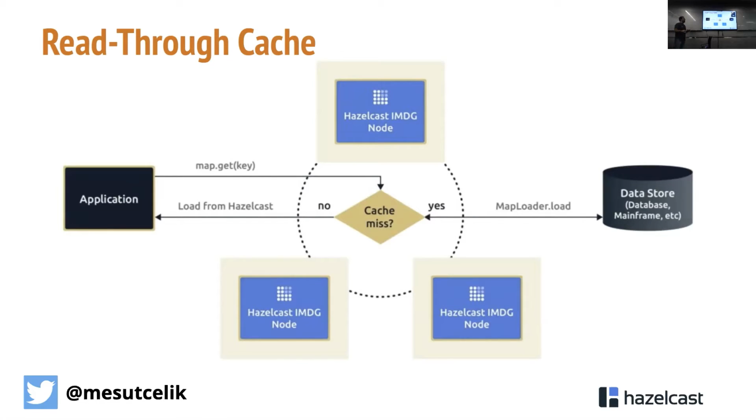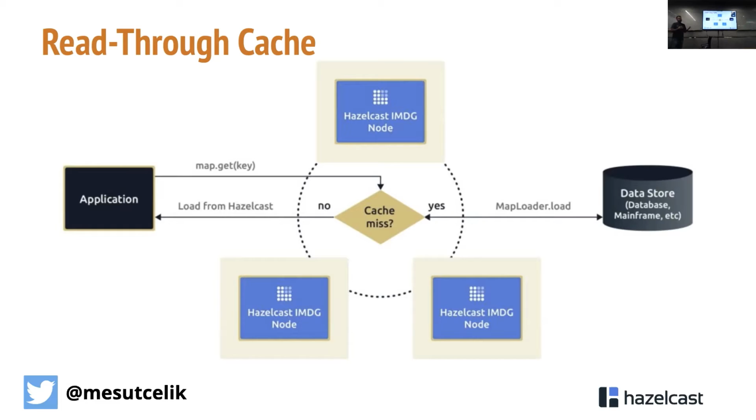The other variations of those use cases are write-through cache or write-behind cache, where you can asynchronously write to the data store. And in all these three, read-through, write-through, and write-behind cache, you just deal with the Hazelcast API. You don't deal with the data store behind the cluster.